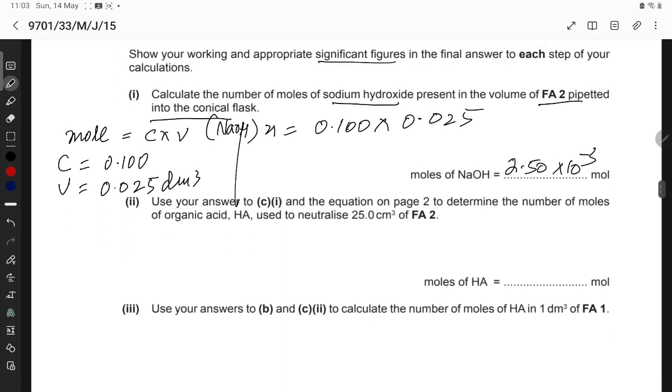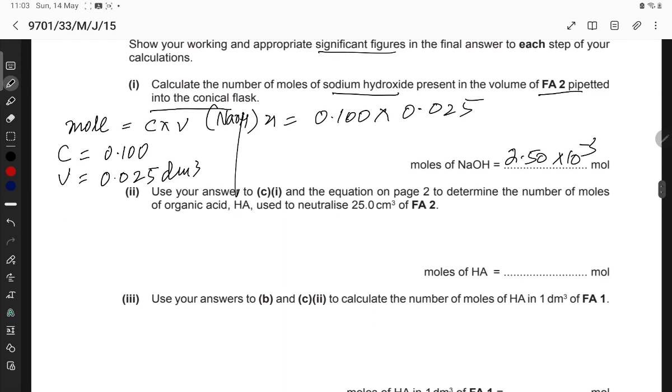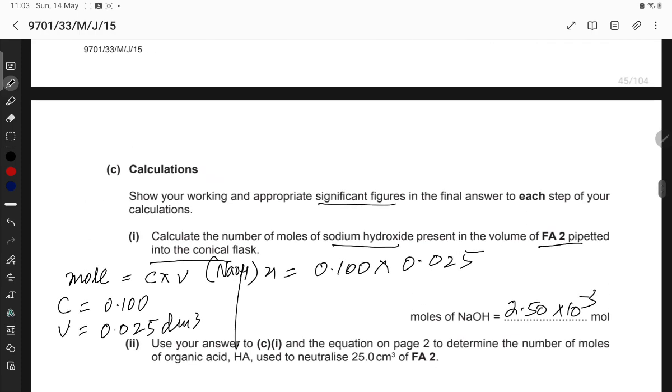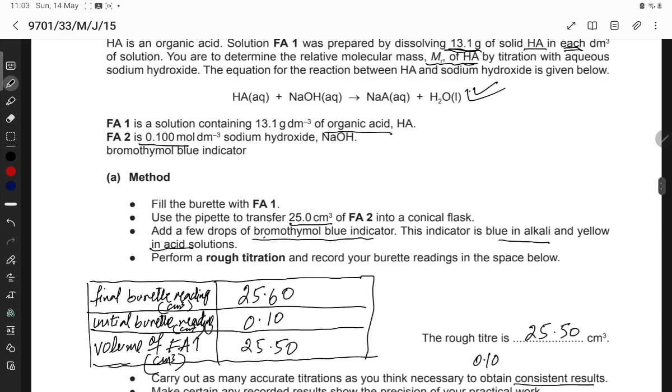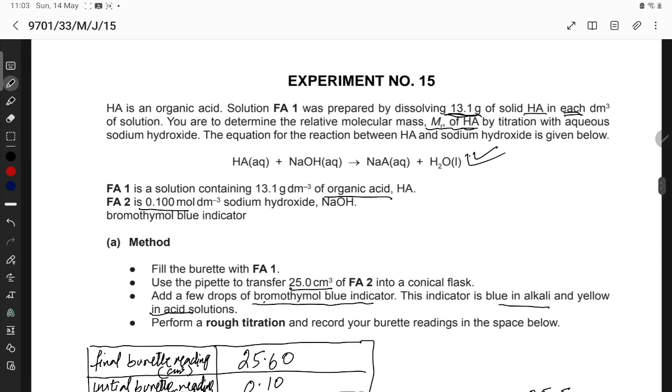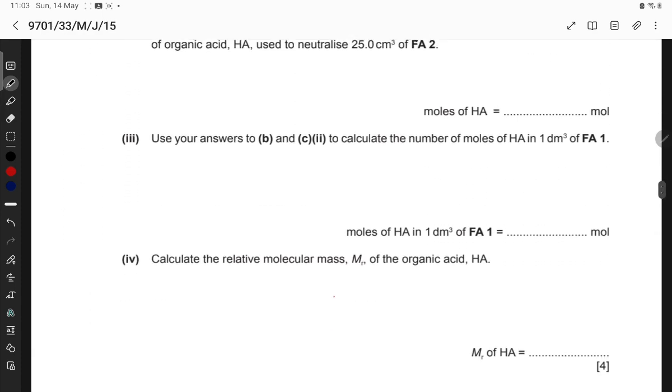-3. Next question: use your answer to C1 and the equation on page 2 to determine the number of moles of organic acid used to neutralize 25 cm³ of Fa2. By using the mole ratio, the equation HA plus sodium hydroxide has a 1:1 ratio.